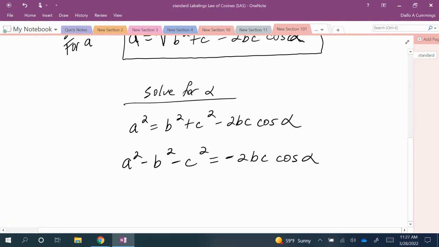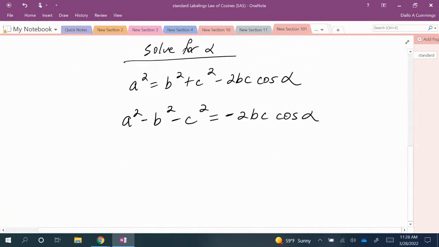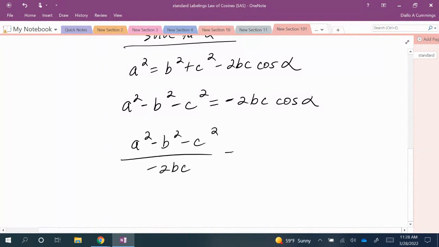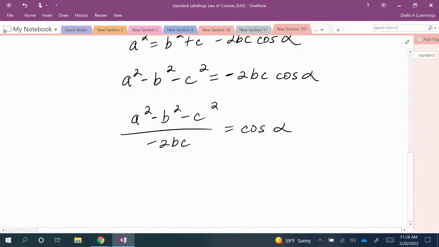So I transposed b squared and c squared to the other side. The next thing I'm going to do is divide both sides by negative 2bc. So I have a squared minus b squared minus c squared, divided by negative 2bc, equal to the cosine of alpha.